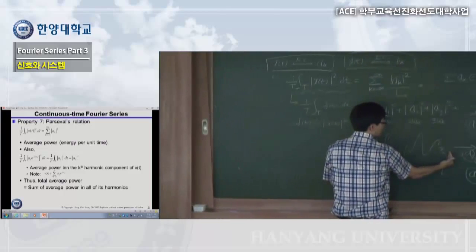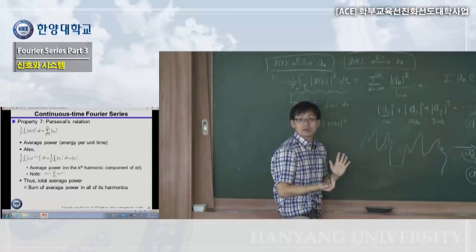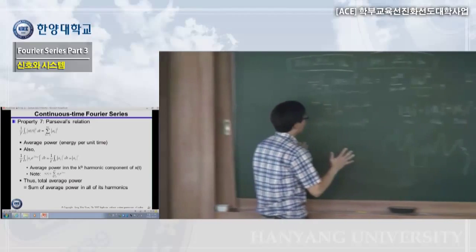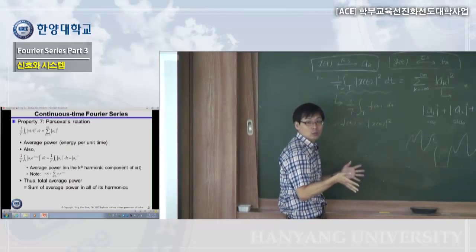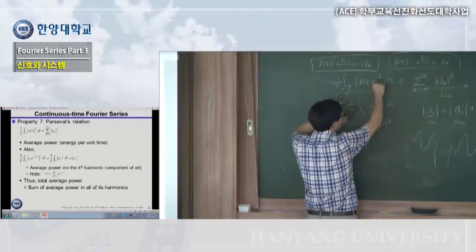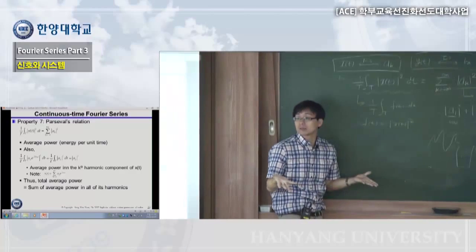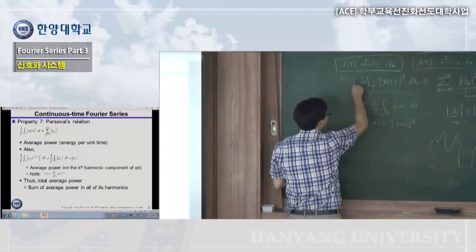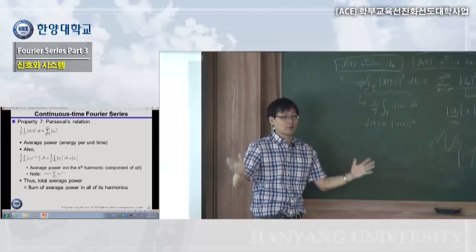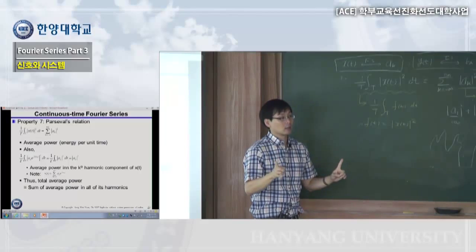If you have one periodic signal and you try to find its average power, you can take the absolute value squared, the power, and then average it over one period. That's one way to do it.